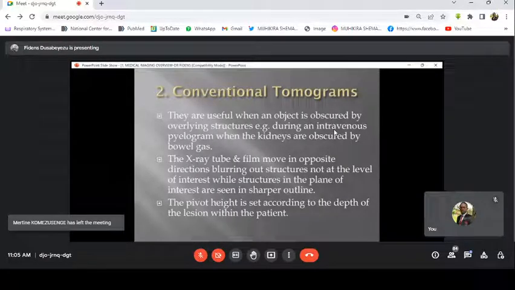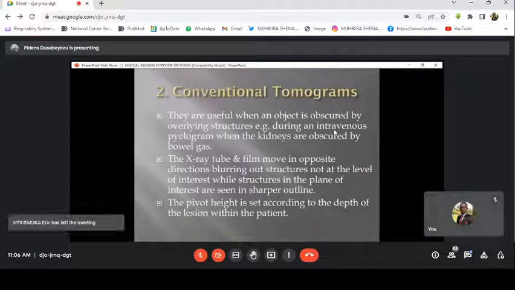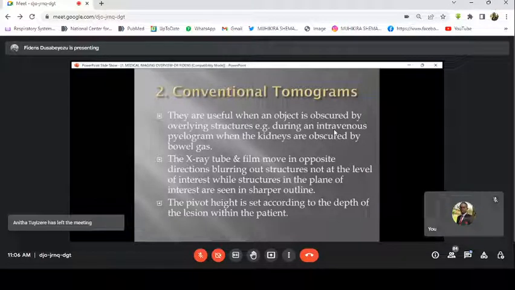I have just finished conventional radiography. The second modality I want you to know a bit about is conventional tomography. It is no longer used because it has been replaced by cross-section imaging like CT scan and MRI.